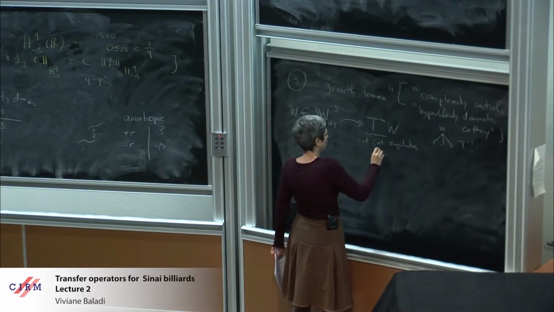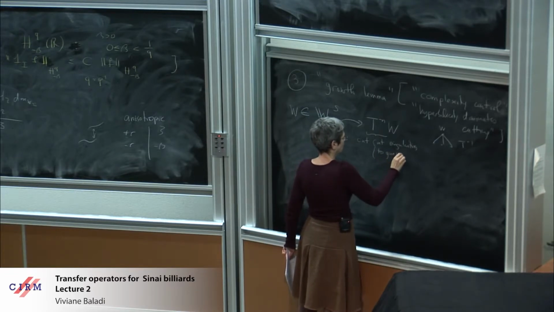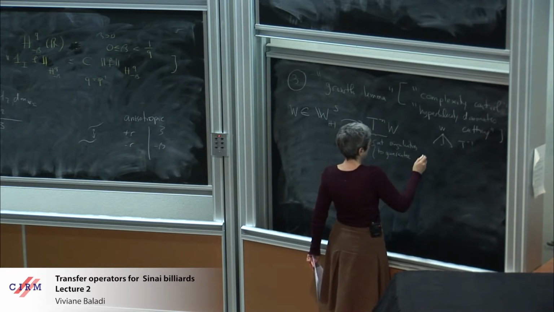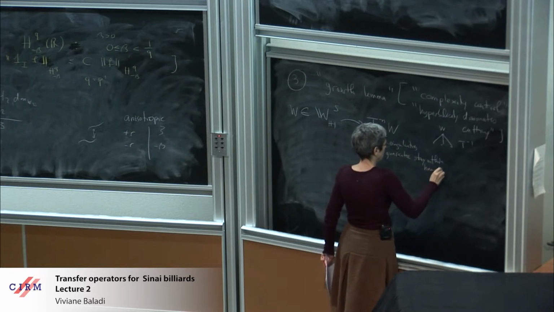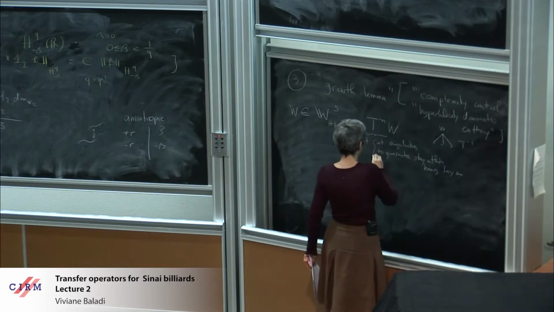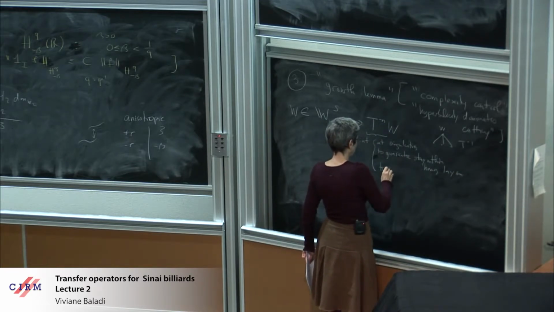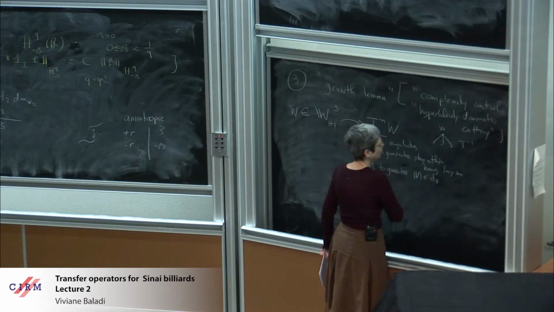You want also to cut to guarantee that you stay within a homogeneity layer. And finally, you want to cut to guarantee that the size is not bigger than delta 0.